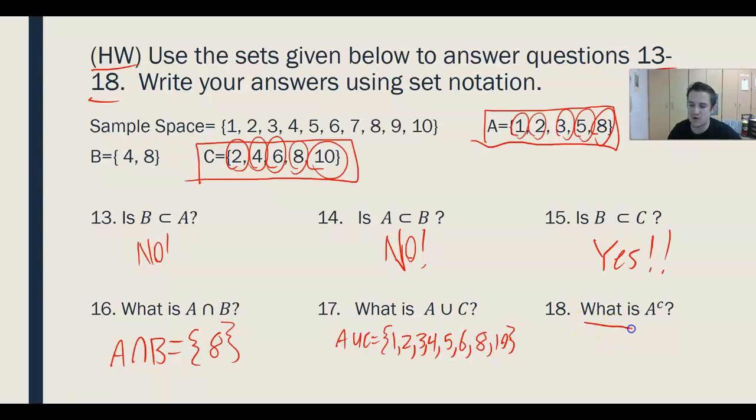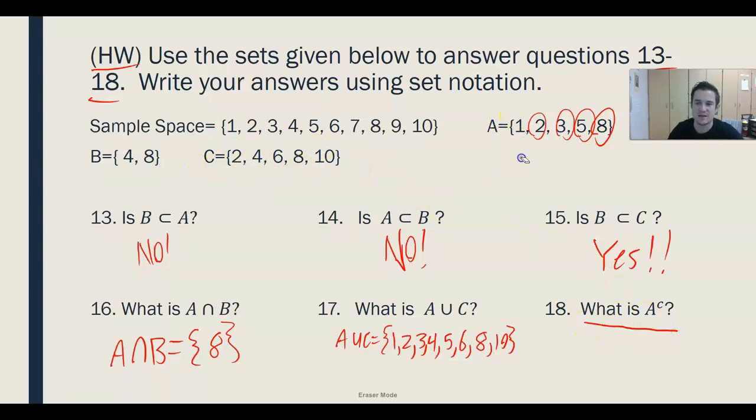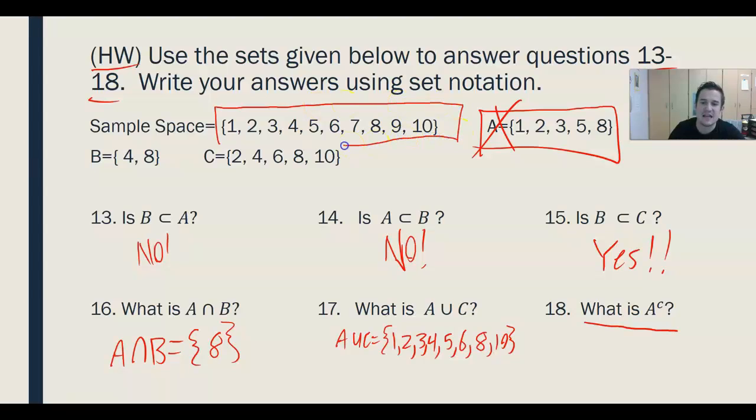Okay, and then the last question says, what is A complement? A complement means, what are all the elements that are not in set A, but still contained in the sample space? So I have a 1, a 2, a 3, a 5, an 8.